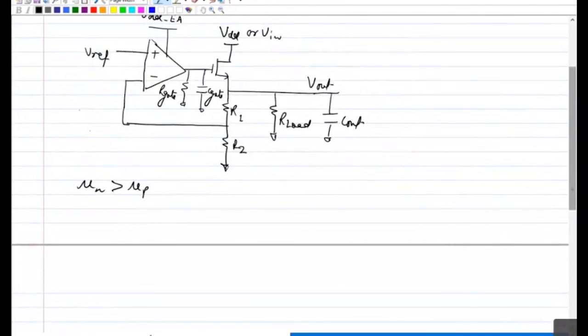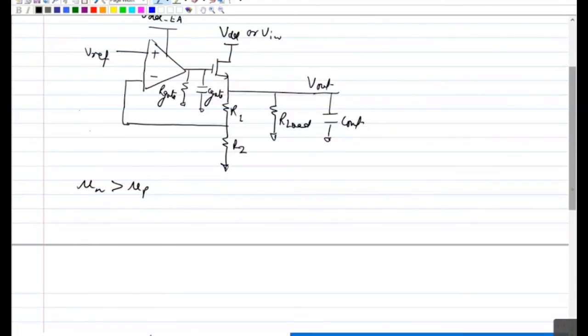But first, can we tell what the limitation is here? Can it regulate any output? In the PMOS, let's say we were able to achieve an output voltage as high as maybe 100 or 200 millivolt below your VDD. Or in other words, the dropout voltage in the PMOS can be even 100 millivolt or 50 millivolt. Can we achieve the same thing here?